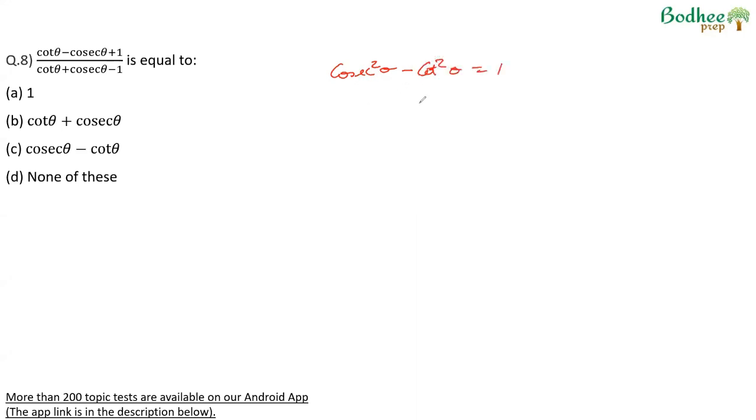So what we can do is break down this 1 first in terms of cosec and cot and then work from there.